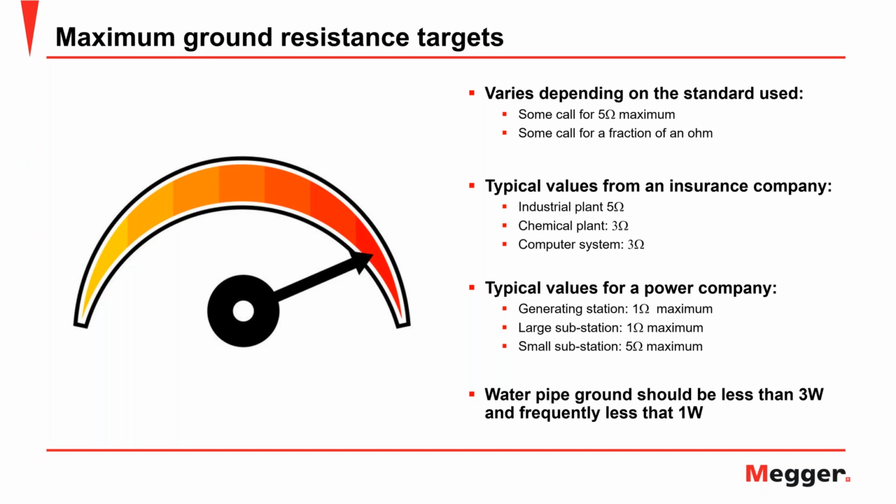Now, I want to make reference to the only really prevailing standard that you'll see in written form, which is 25 ohms. You'll see that all the time, very frequently in the literature. That comes from the National Electric Code, 25 ohms or less. Bear in mind, that is a very forgiving standard.